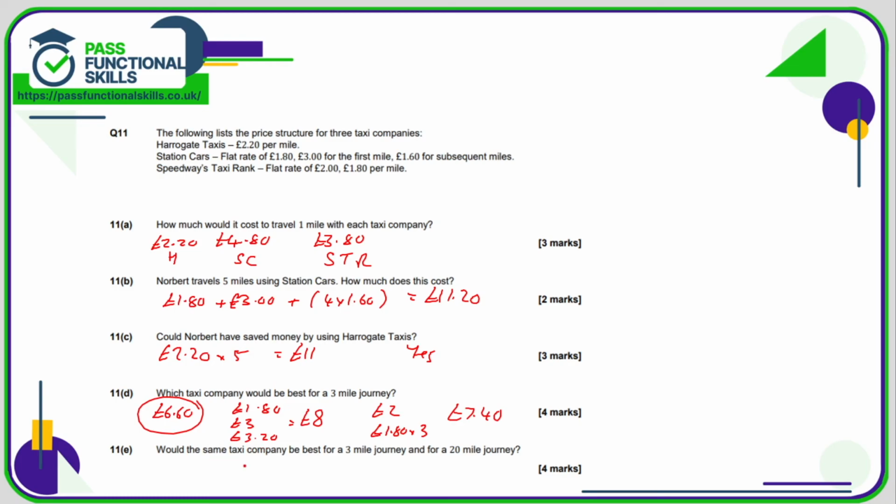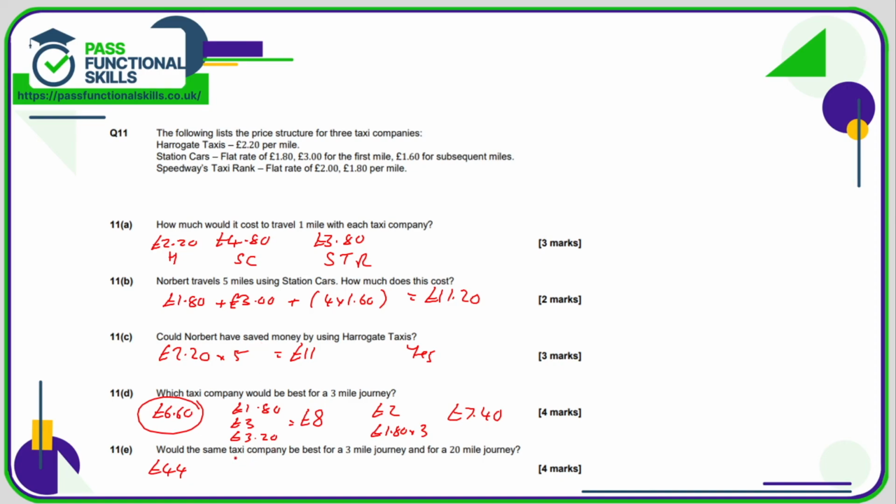Would the same taxi company be best for a 3-mile journey and a 20-mile journey? So what we're going to do here is just work out what we've done now, but for a 20-mile journey. So Harrogate would be 220 times by the 20 miles, which works out as £44.